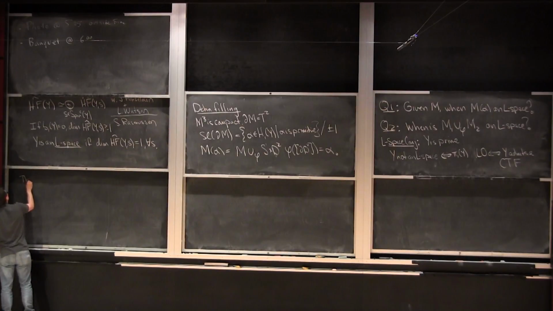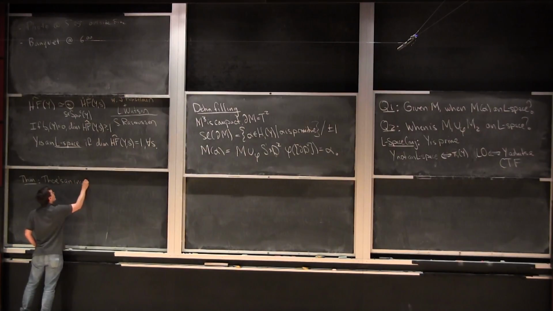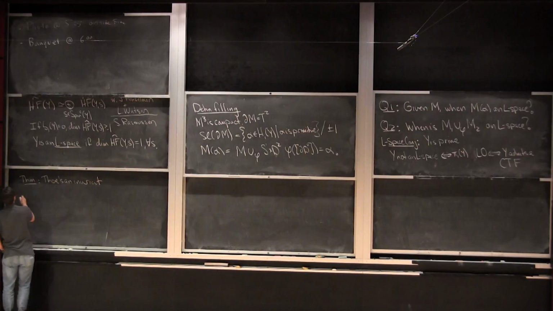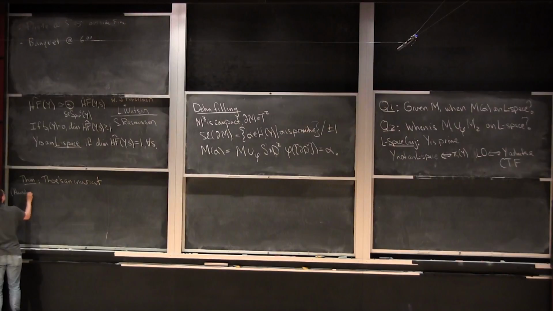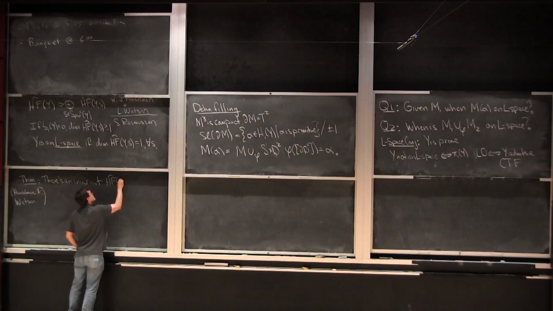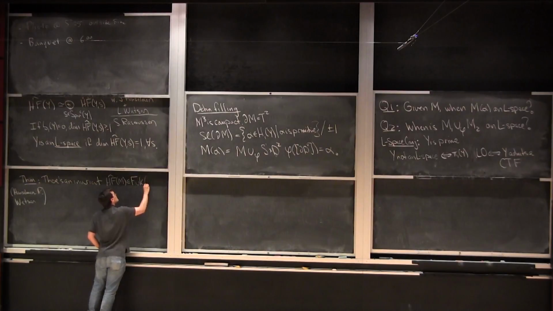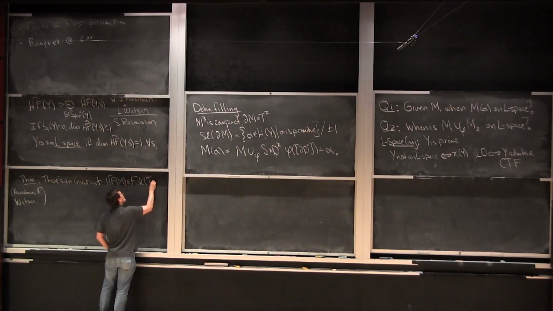Maybe the theorem is that there's an invariant, and I should probably credit this theorem, Hanselman, myself, and Liam. Let's just call it HF hat of M. Where does this live? Well, one way that you could say it is that it lives in the Fukaya category of the torus, let me say T_M.